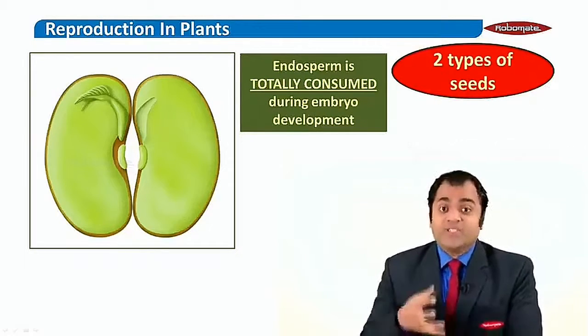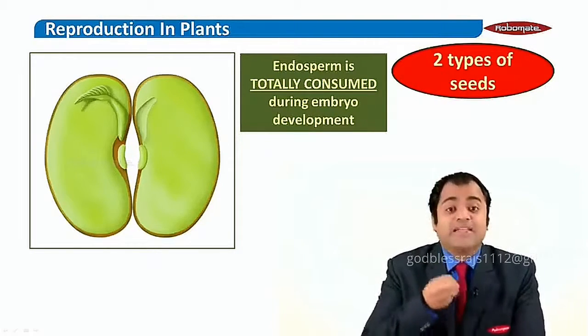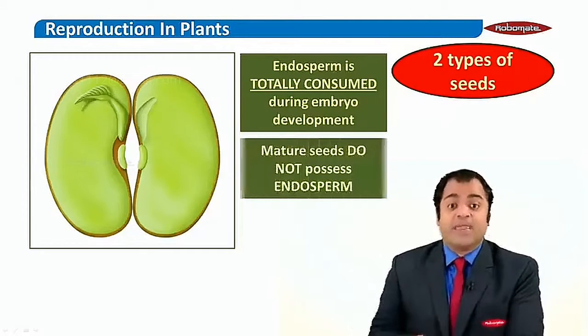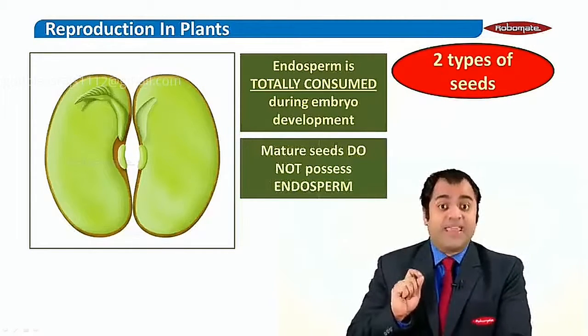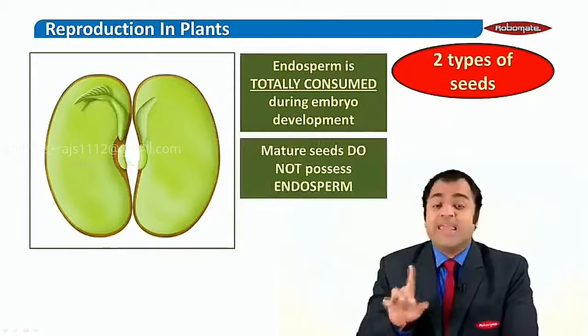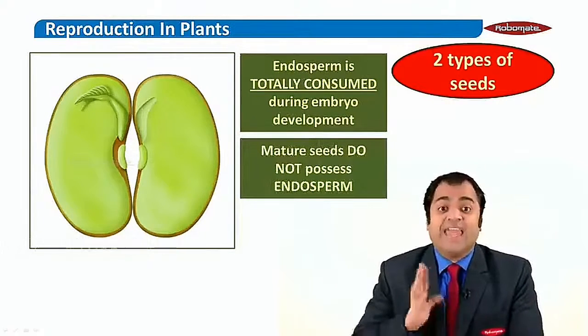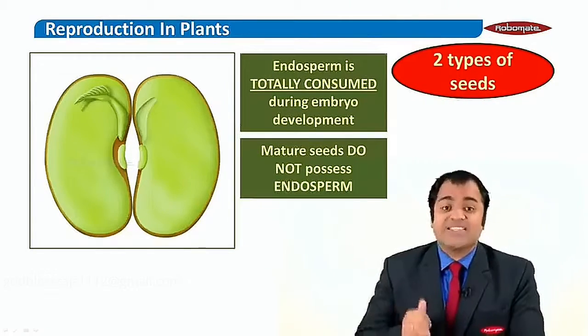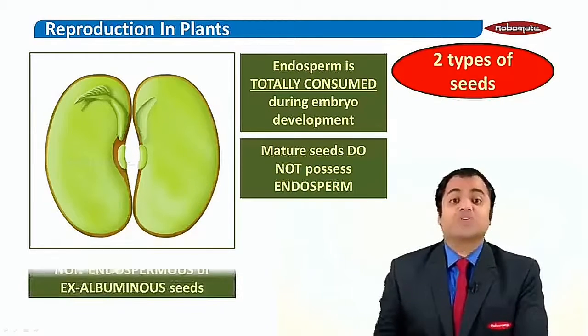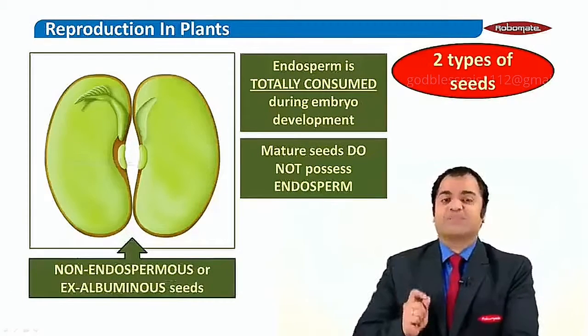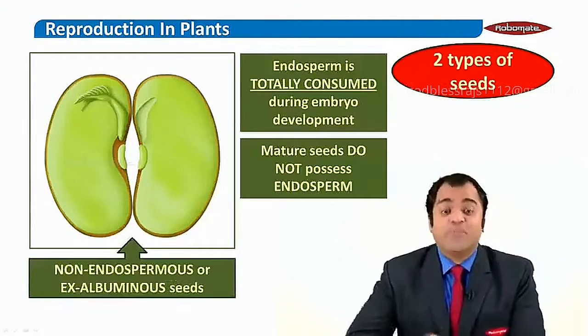So the endosperm gets completely consumed when the embryo is developing, and you should know that this seed when it is mature does not possess any endosperm. And because the seed has got no endosperm, it is called non-endospermous or exalbuminous seed.